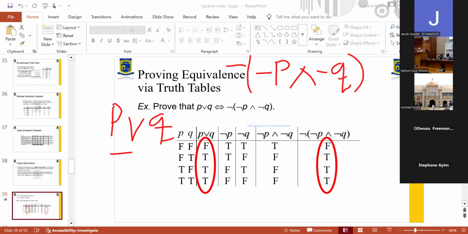So we are saying that P or Q is logically equivalent to the negative of the negative of P and the negative of Q. Then somebody will be confused. What is he saying? Let me take the negative of this and see.